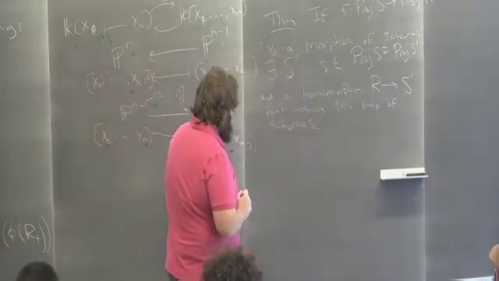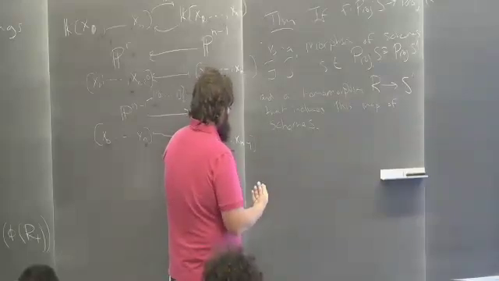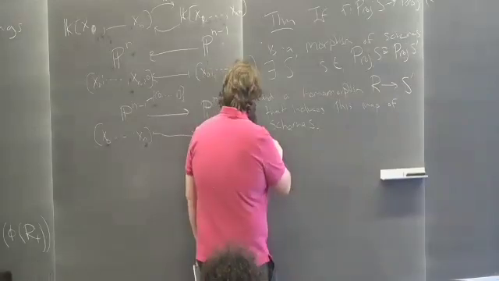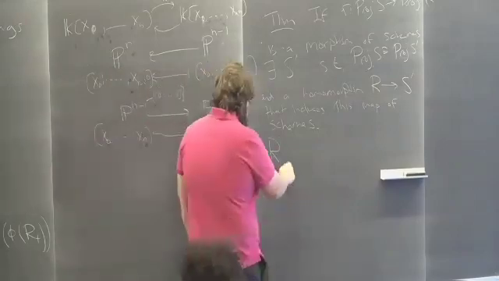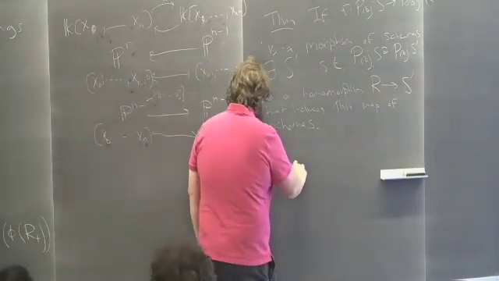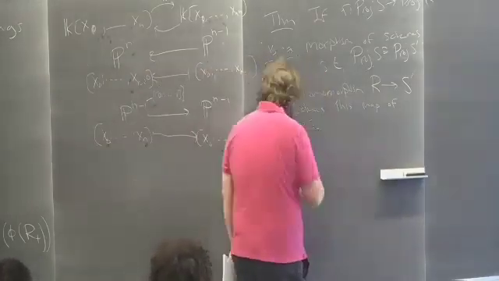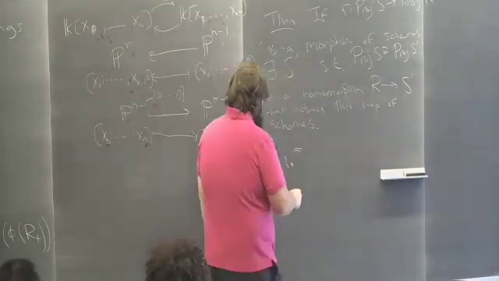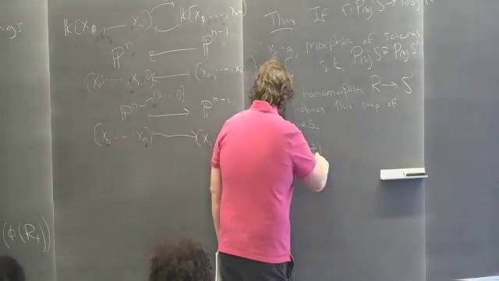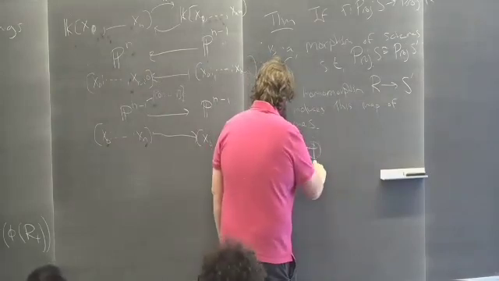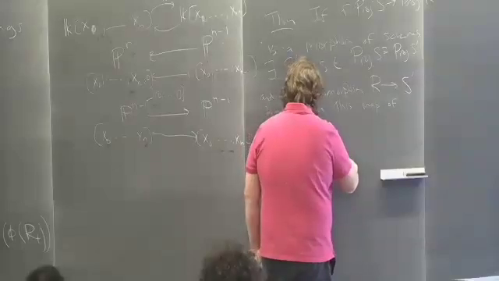So one very obvious, sort of dumb example of this is if I take my R, I can then look at the d-th Veronese version of it, which means I look at the graded ring which is only the graded pieces whose degrees are divisible by d, R_{dn}.